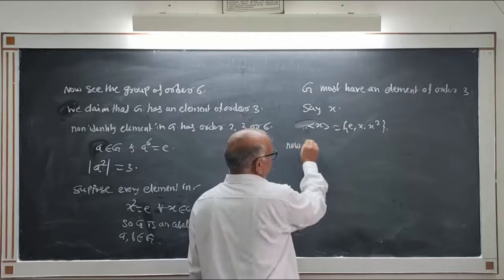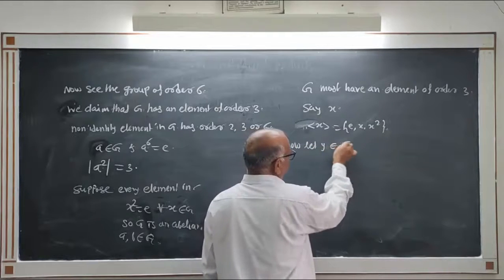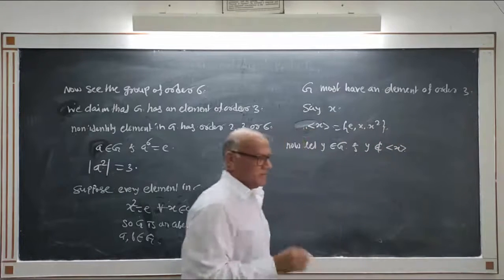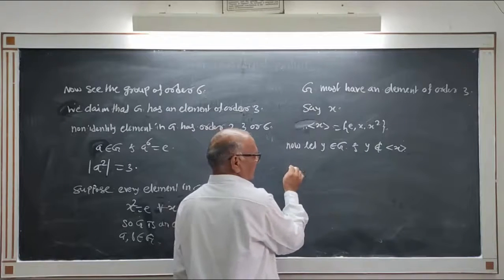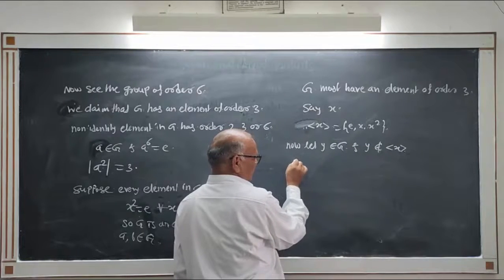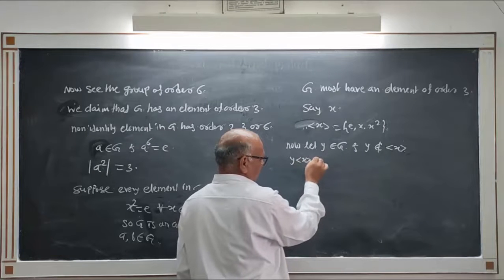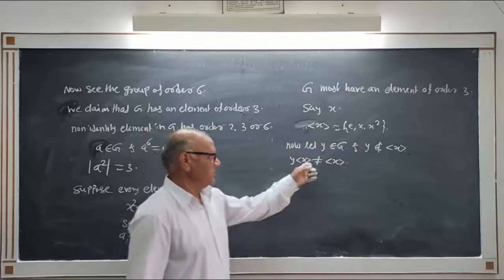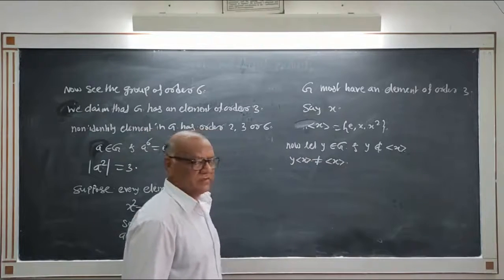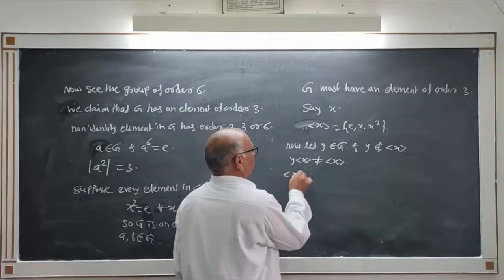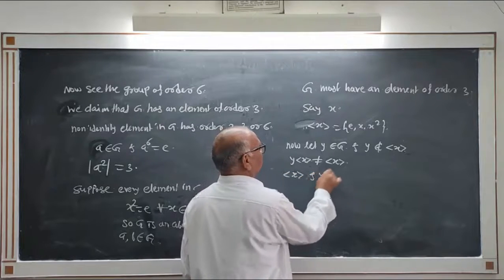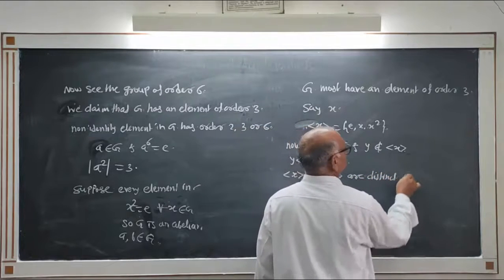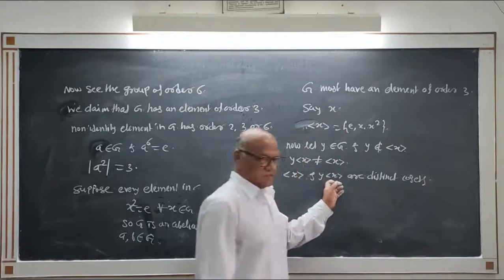Now let Y belong to G and Y does not belong to this subgroup. Then by the coset property, the coset Y times the subgroup is not equal to the subgroup, so these are distinct cosets.